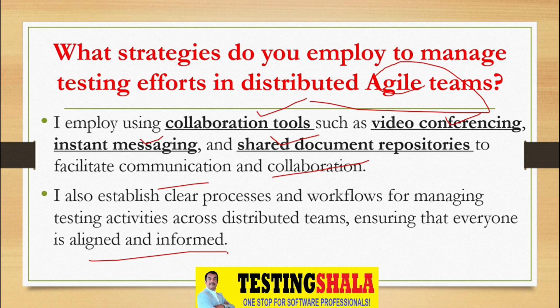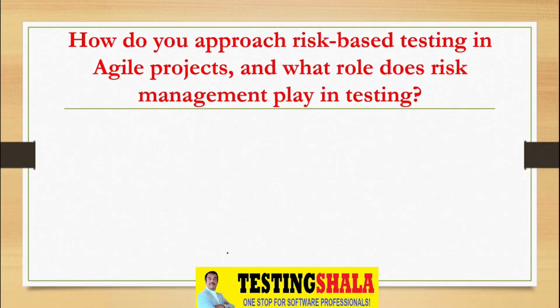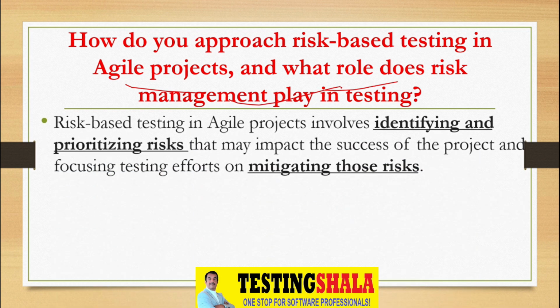And how do you approach risk-based testing in Agile projects? What role does risk management play in this testing? Risk-based testing in Agile projects involves identifying and prioritizing the risks that may impact the success of the project, and focusing testing efforts on mitigating those risks.